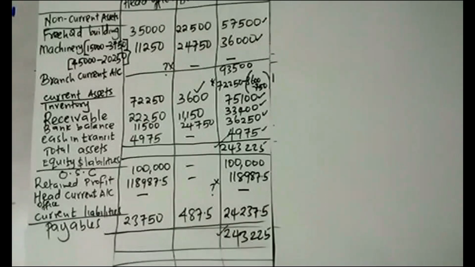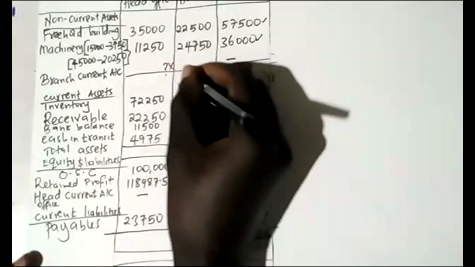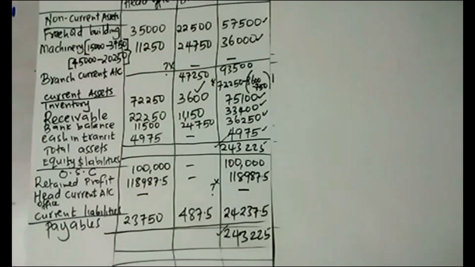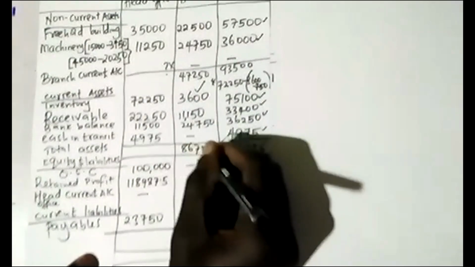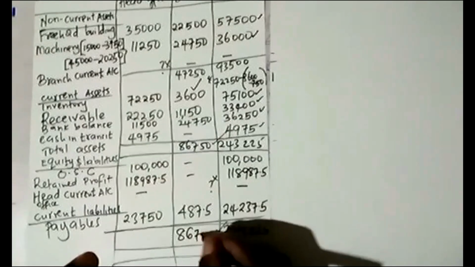Then for the column of the branch, we can add the assets because there's nothing missing under assets. So 22,500 plus 24,750, that is 47,250. If I continue adding 3,600, 11,250, 11,150, 24,750, I'm getting 86,750, which means that down here is supposed to be again 86,750.